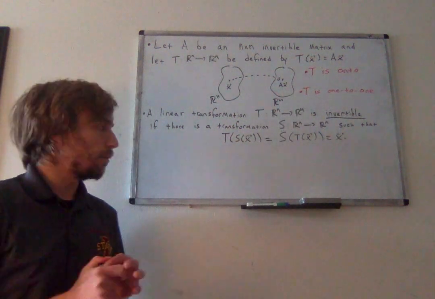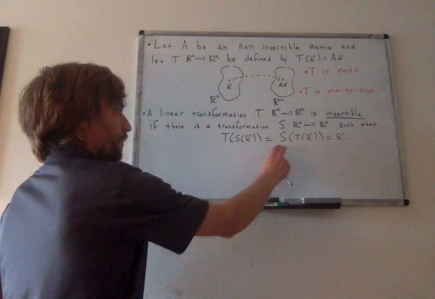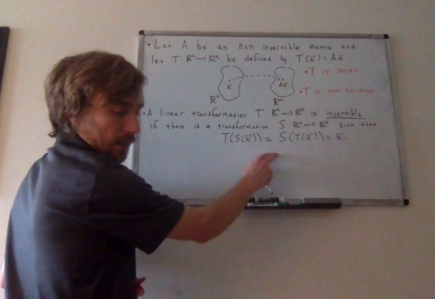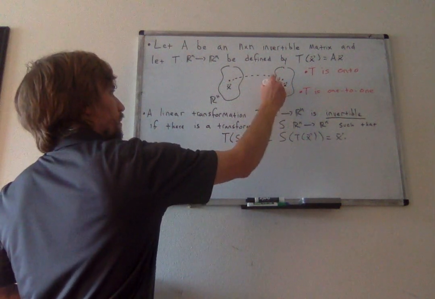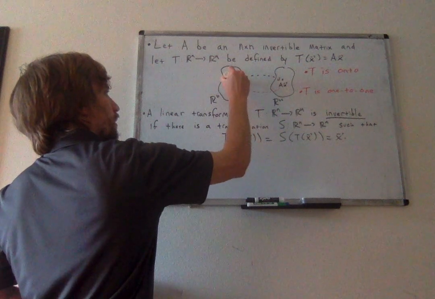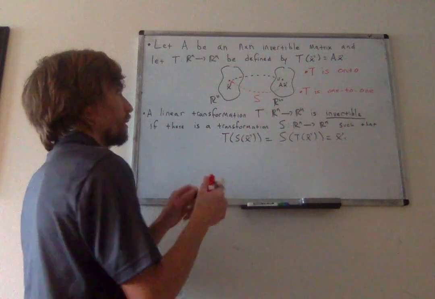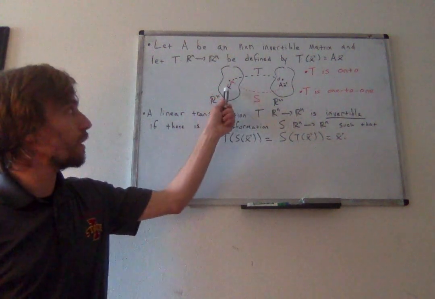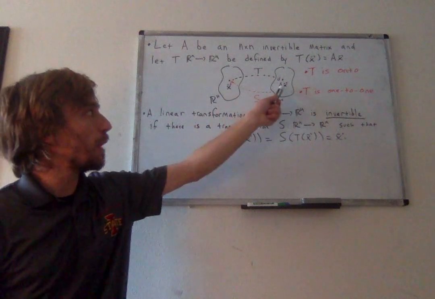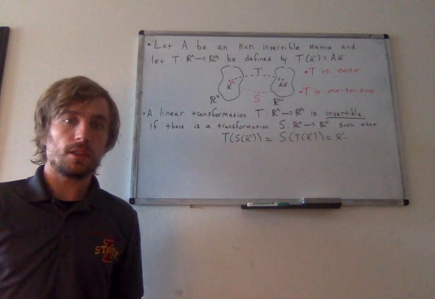In pictures, and math is much easier to do when you're drawing pictures, if such a function S exists, then there should be some function S which maps back for each vector Ax. So what should happen is I start with x, T maps it to Ax, then S maps it back to the original vector x.